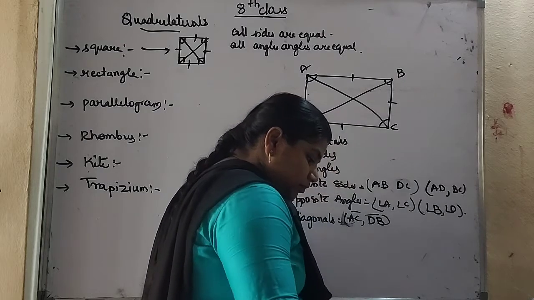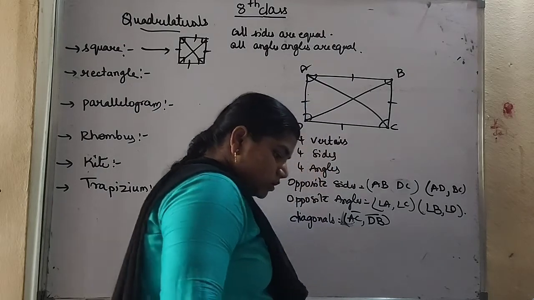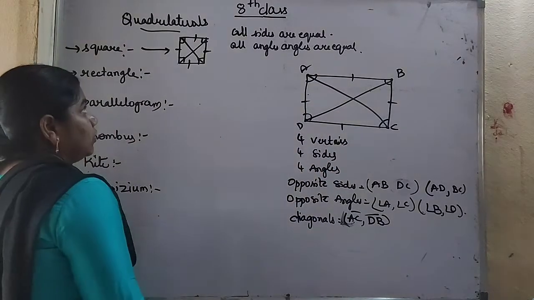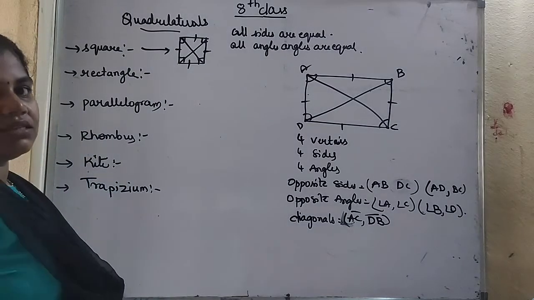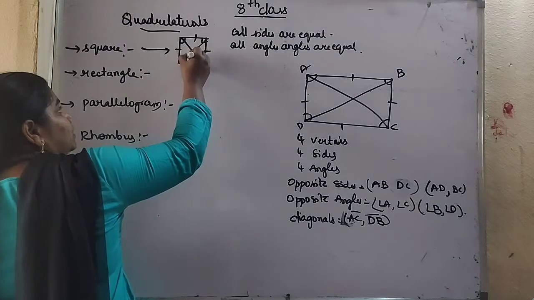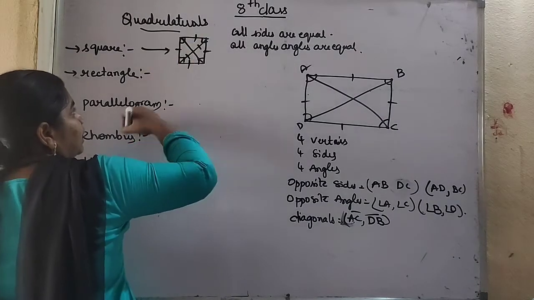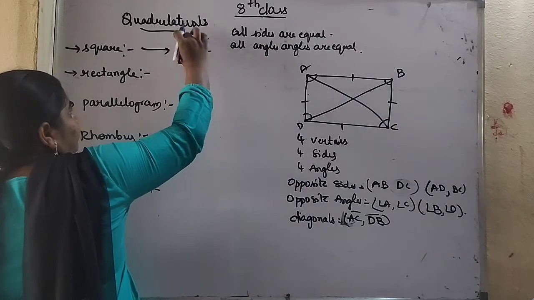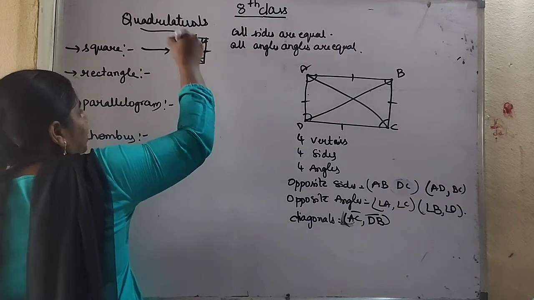Diagonals bisect each other. What do you mean by bisect? Bisect is nothing but dividing into two equal halves. The length of this side and this side will be equal. In the same way, the length of this side and this side will be equal.